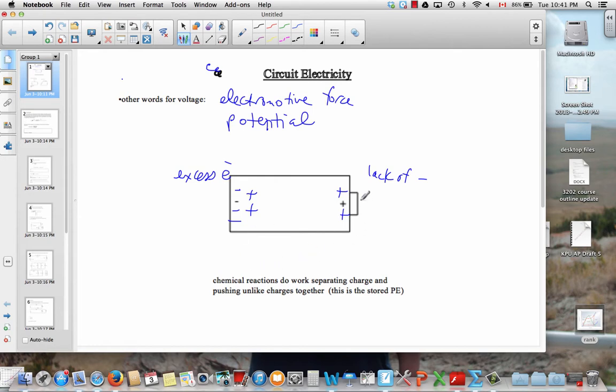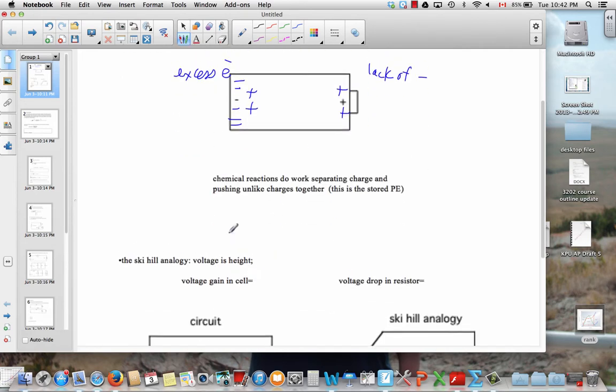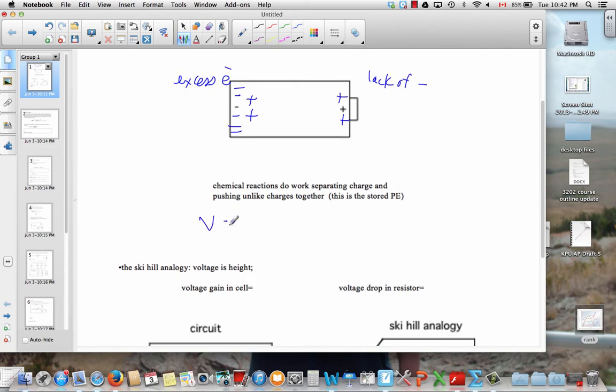Now, it's chemical reactions that happen at the positive and negative terminal that actually do this, and you can see that there is energy that's going to be associated with having excess electrons here and having a lack of electrons here. And it's that energy that we refer to when we define voltage as the ratio of energy to charge.